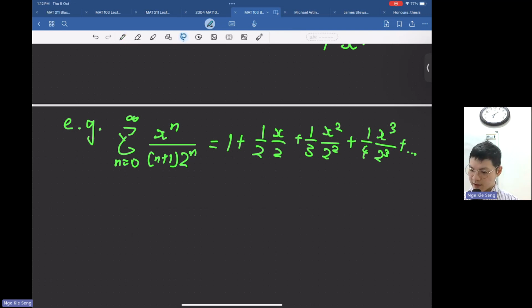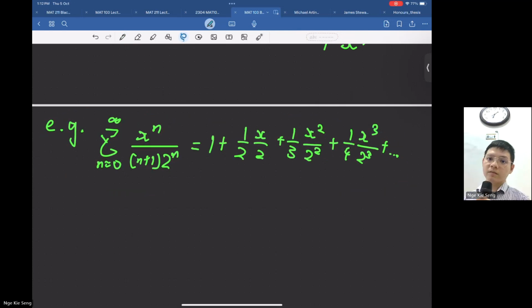When does this converge? How do we check when this converges? What kind of test can you use?